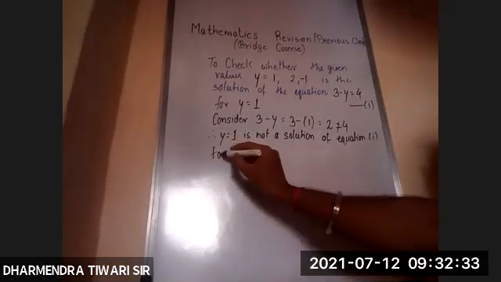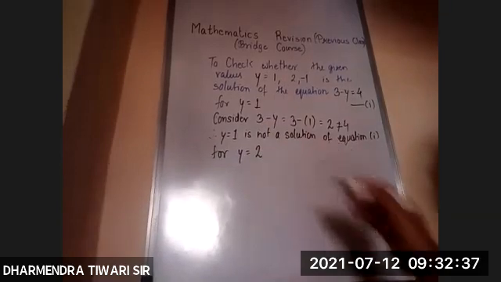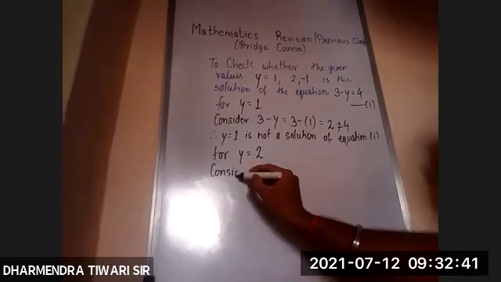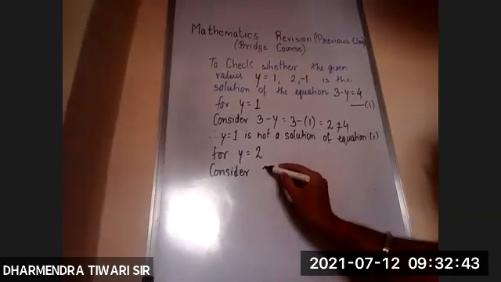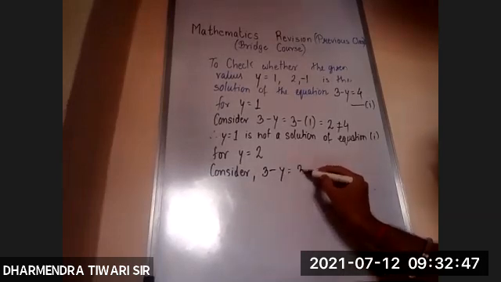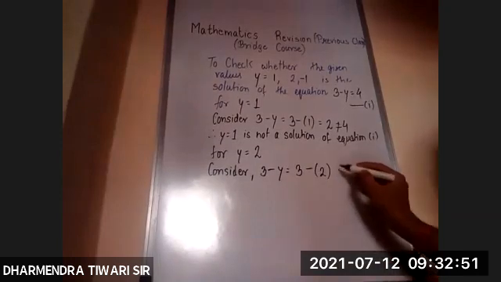Now let's go for the next value, that is y equal to 2. Consider 3 minus y is equal to 3 minus, the value of y is 2. 3 minus 2.